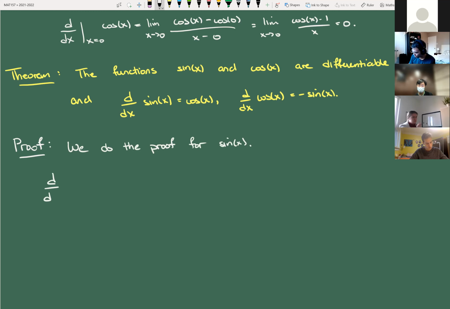Okay, so again, we want to show it's differentiable. So what we're going to do is we're just going to check, right? If I compute the derivative at a point C, what is that? So that's going to be the limit. And again, this time I actually want to use the h goes to 0 definition. Actually, I guess we could just do x.